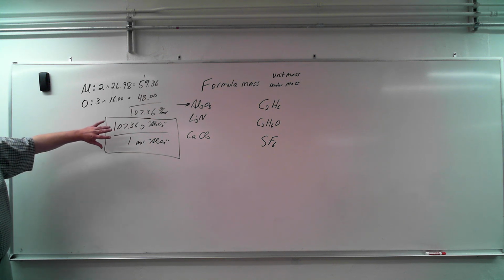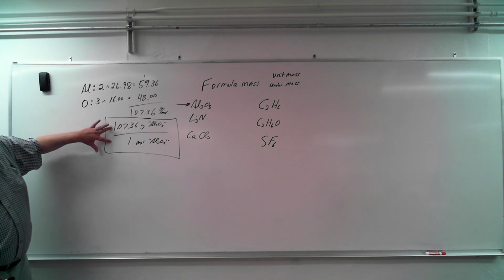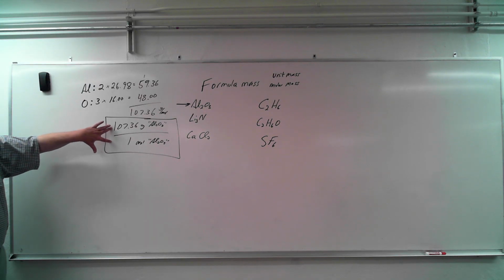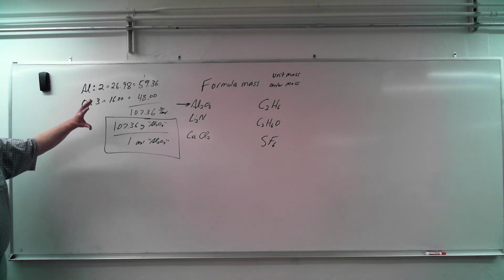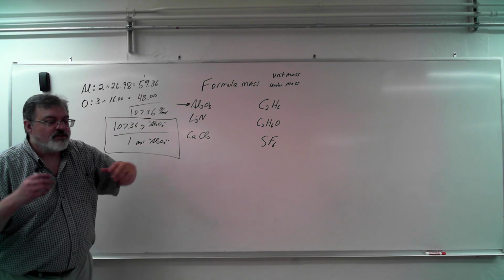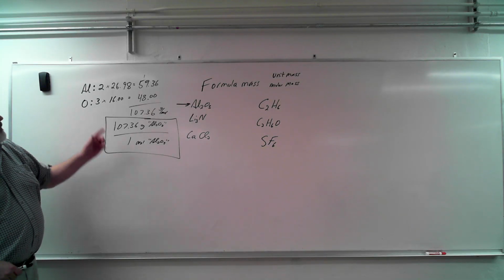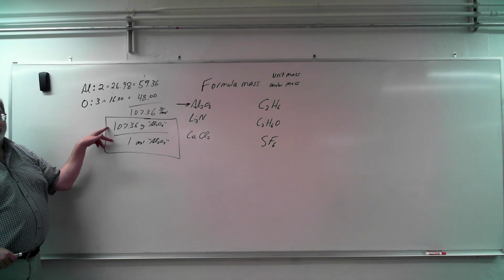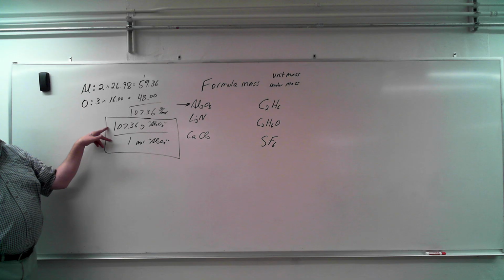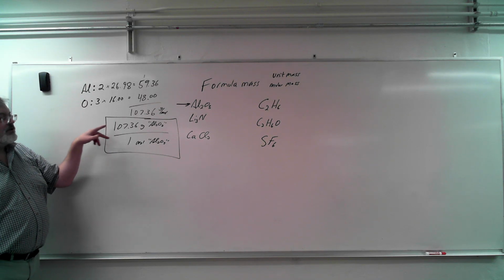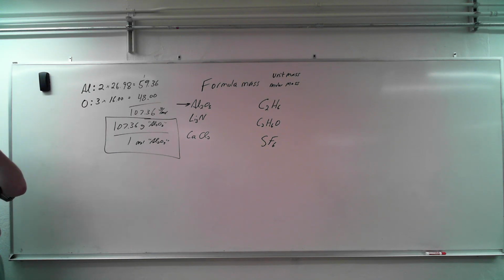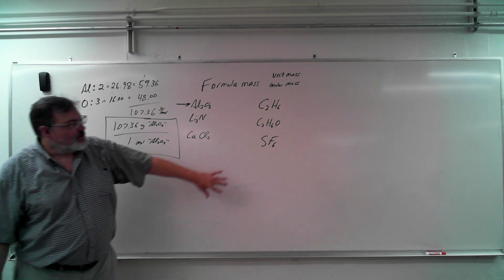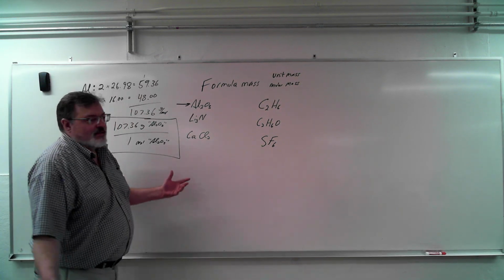Then you would use it like this. You see what I'm saying? It's the same idea, but now we've got compounds we're dealing with, not just individual atoms. You go through this process to find the grams per mole, rather than just look at the periodic table the way you do for atoms. And then you can use that in those same types of problems. Even though we haven't studied these yet, I wanted to bring it up because it works exactly the same way.